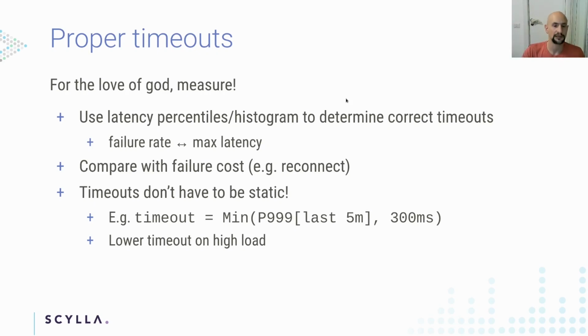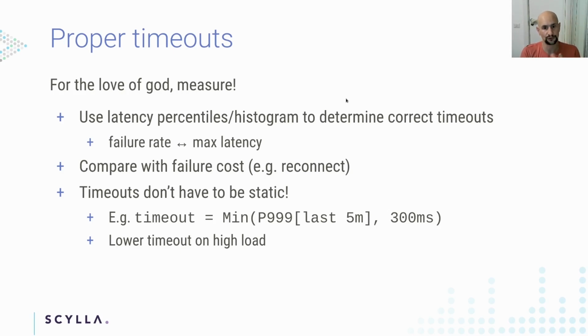By definition, P99 means that 1% of transactions are going to be more than this, and if you set the timeout value to the P99, then you know that only 1% of your transactions are going to fail due to timeout. And of course, if you are not willing to accept 1% of failure, then use the 99.9 and so on.